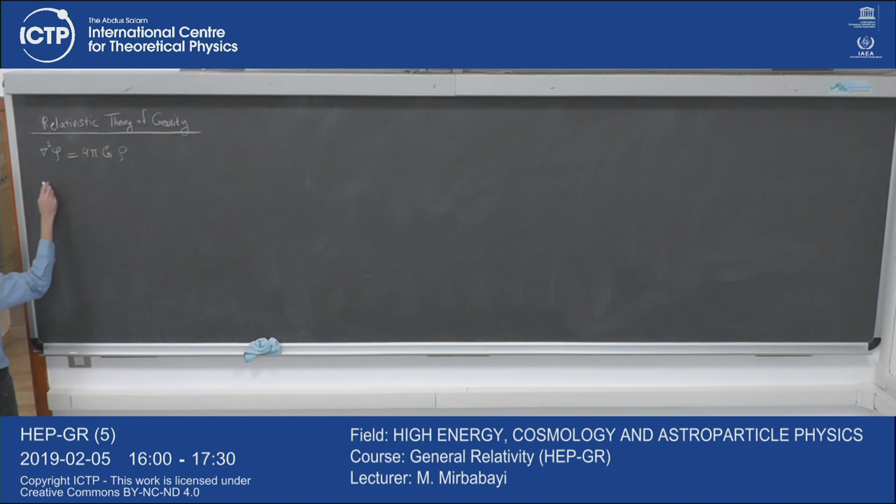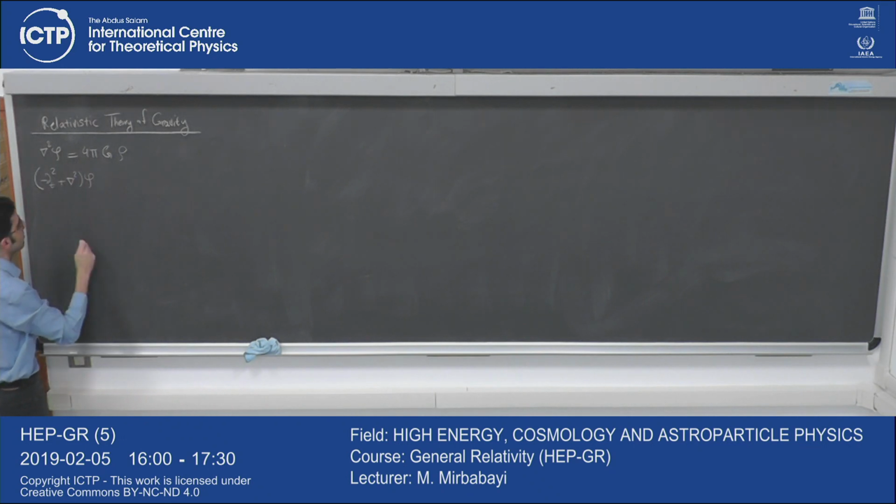The version that would make sense in special relativity, one possibility would be to just replace this Laplacian by a D'Alembertian, minus d_t squared plus Laplacian, keep this phi, the gravitational potential, but now promote it to a scalar field.